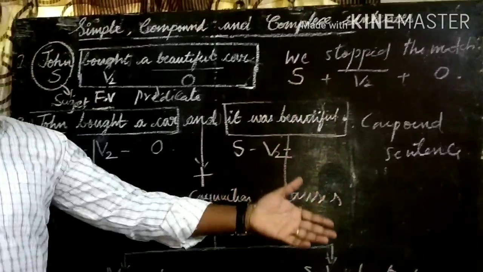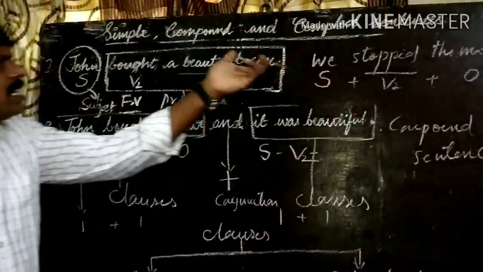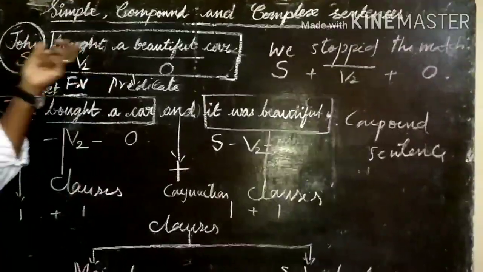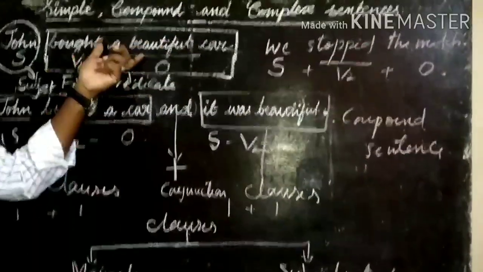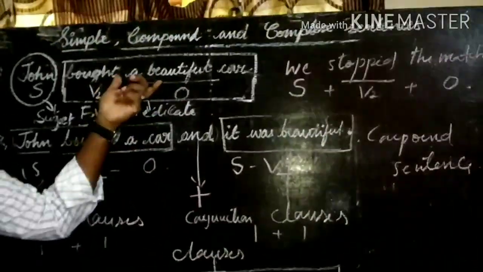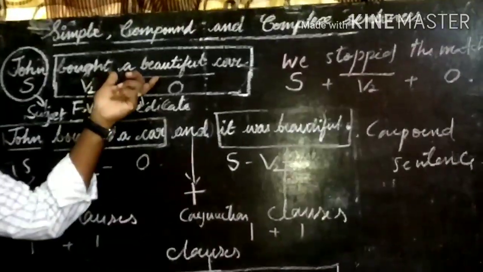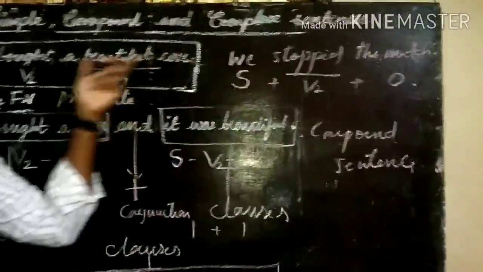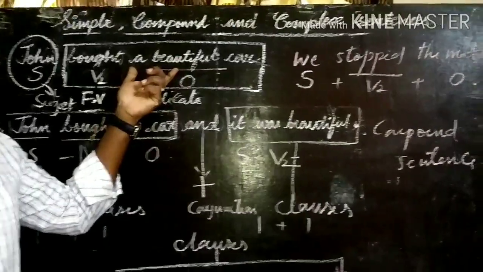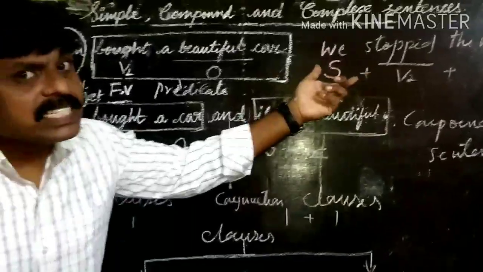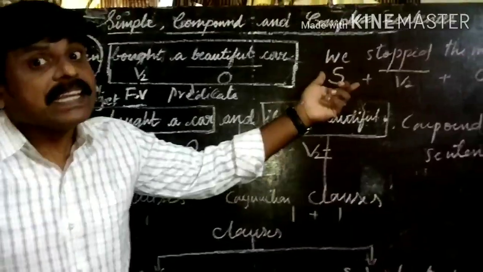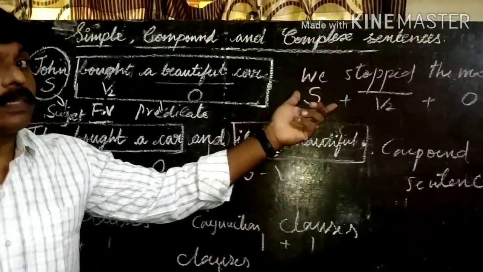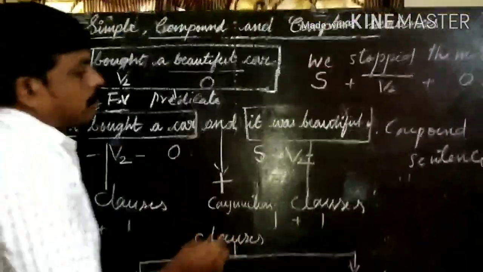We stopped the match. Or else, take the same example here. "John bought a beautiful car" makes complete sense. So it is called a main clause. It can stand by itself as a complete sentence. Alright? But look at another example.